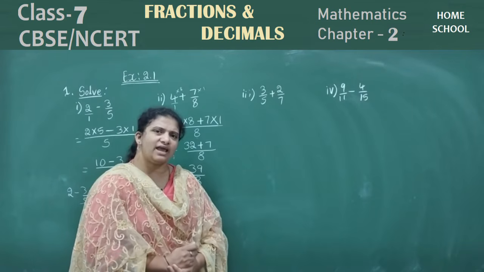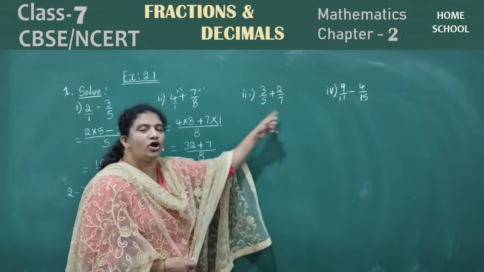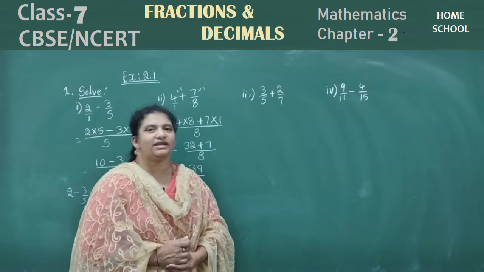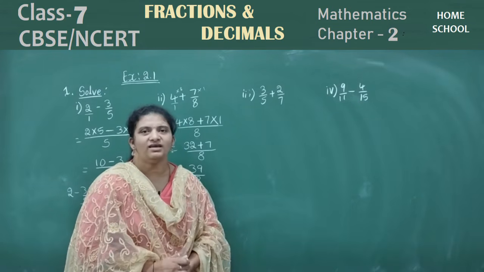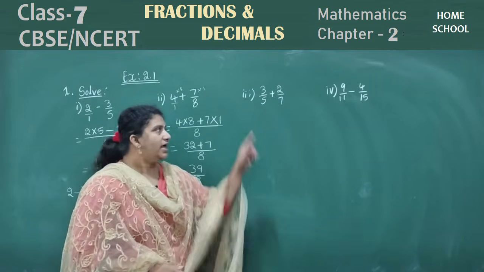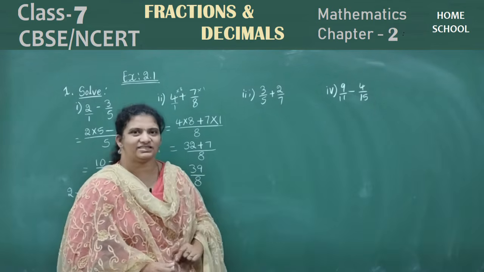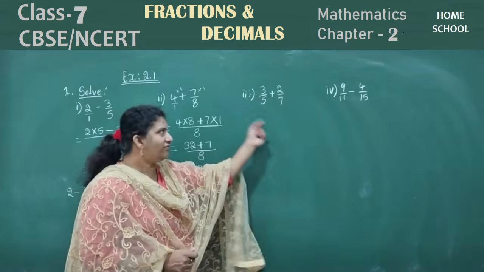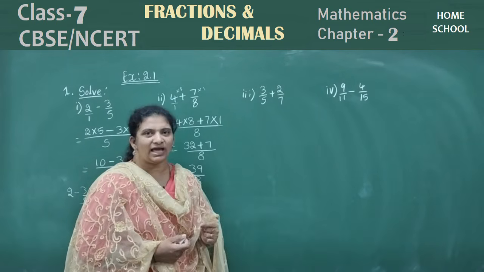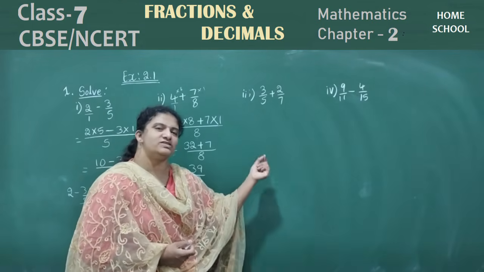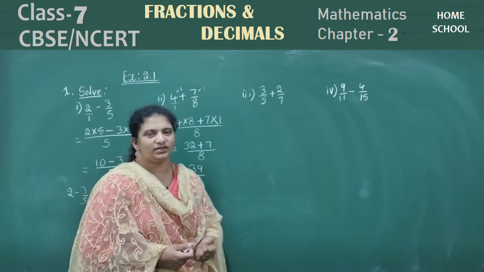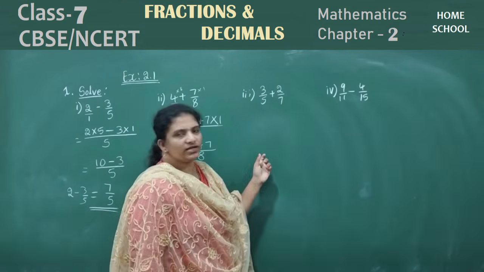When I can say they are like, when their denominators are same, then I can say those two fractions are like fractions. Now these two fractions are unlike fractions. So unlike fractions convert into like fractions, then add or subtract, whatever you do, the thing you can do here, right?